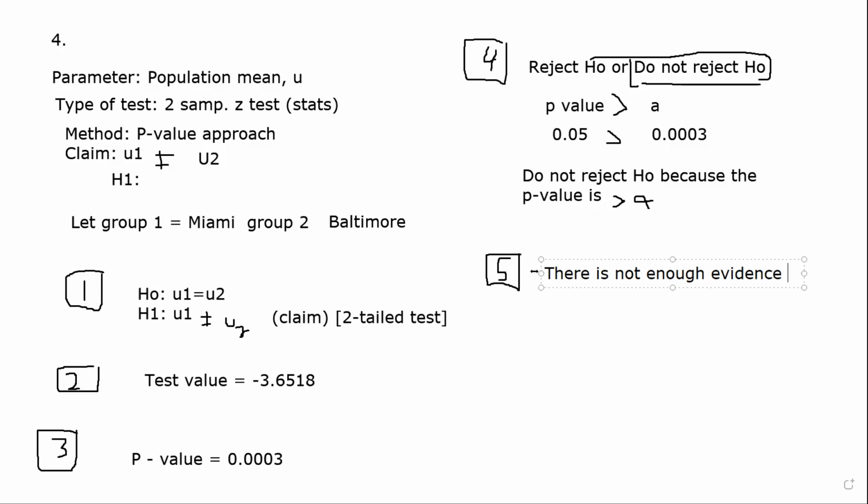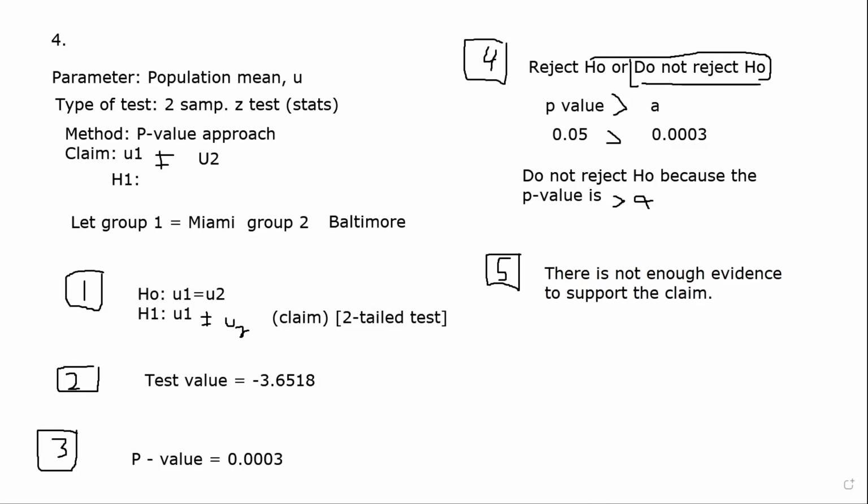Now, our claim was H1, so there's not enough evidence to support the claim. So we can't support the claim that the times are different in the winter.